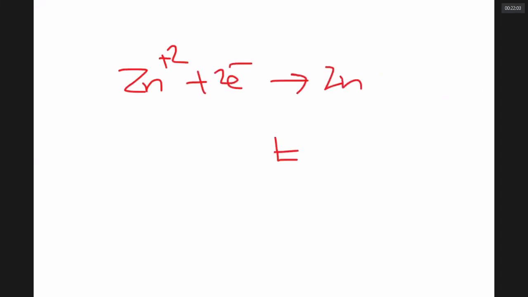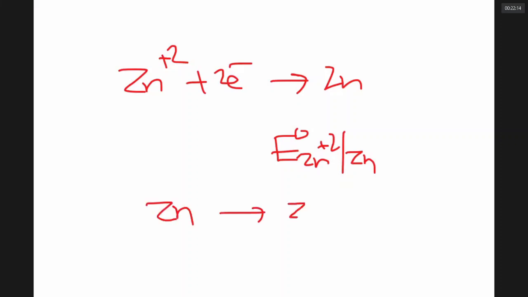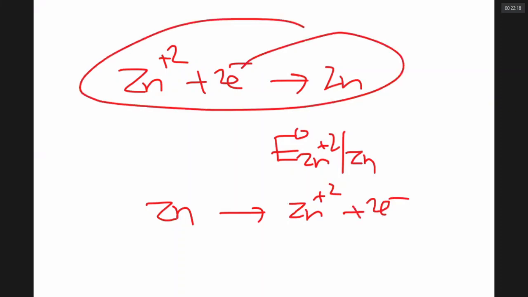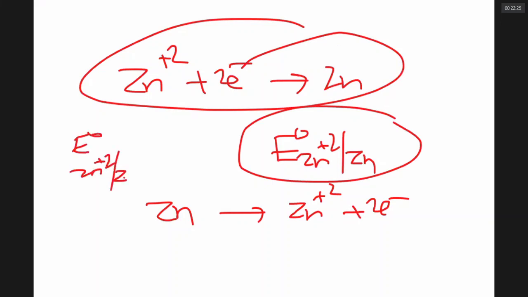Now notice, internationally we are taking them as standard values. The potential related to this is called standard reduction potential. In order to create confusion, some people ask what is the potential for the reverse reaction. The standard reduction potential of zinc is minus 0.76 volts.